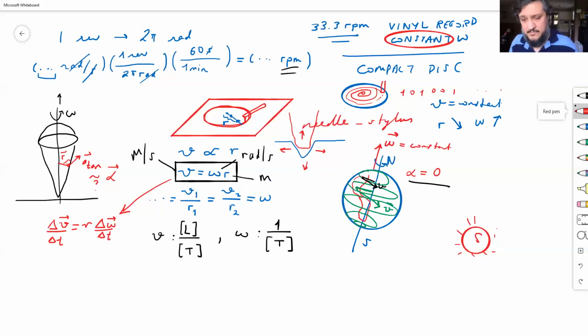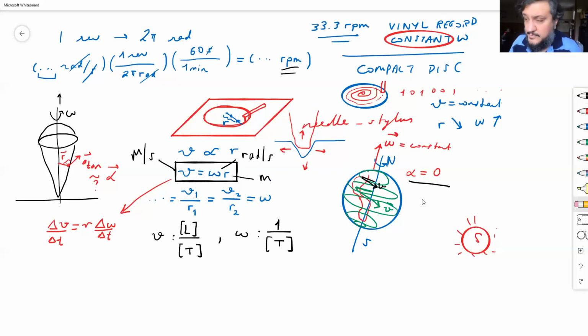Now, I want to erase the vector signs on the symbols here. There's a reason for that, but let me just erase them for now. I'm thinking about just the magnitudes. And you can do it for a very infinitesimal change in time, for a very short time interval as well. So here's what you get.